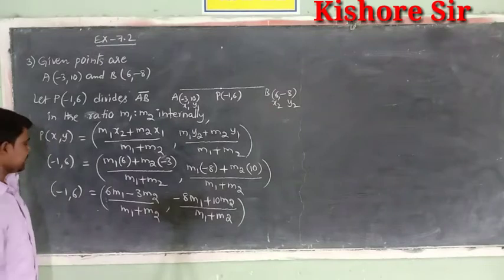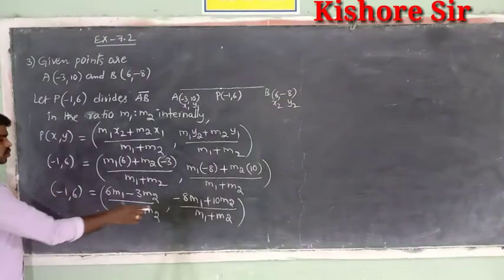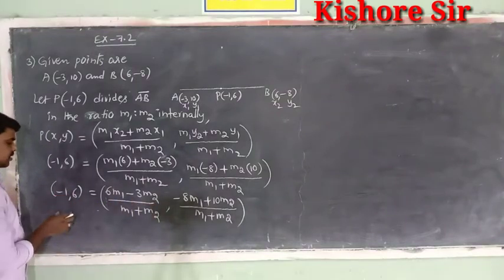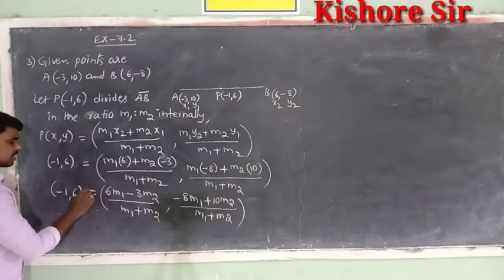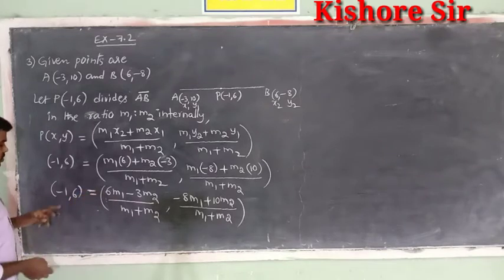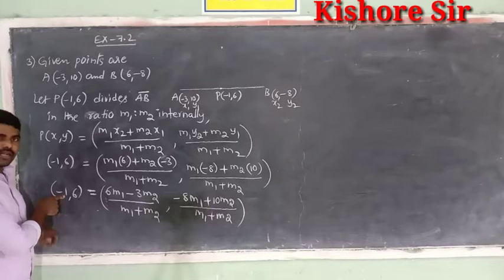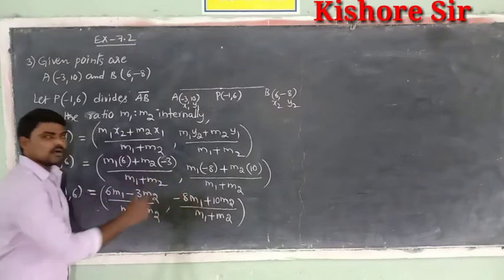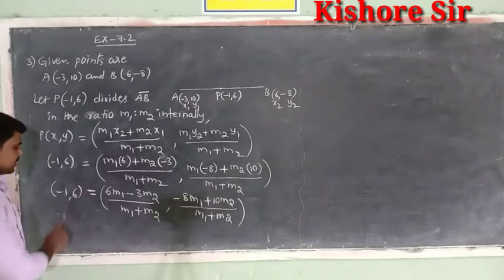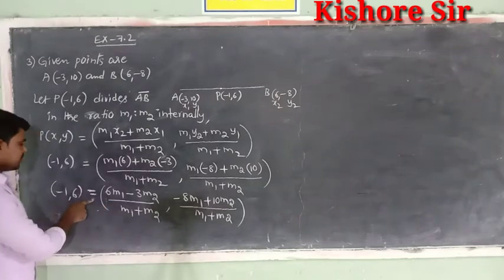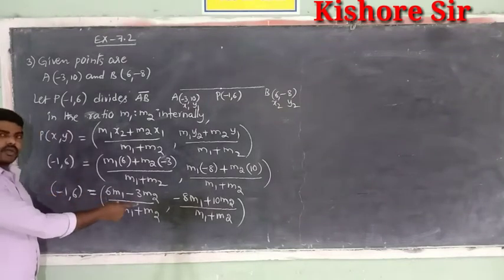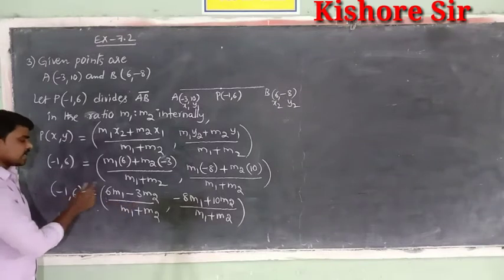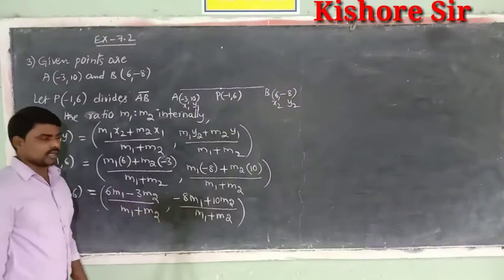Okay, observe here. These two points are equal. So the x coordinate is equal to the x coordinate and the y coordinate is equal to the y coordinate.